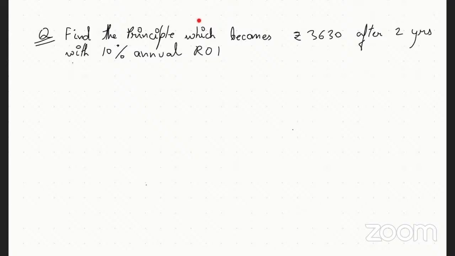ROI is rate of interest. When interest is compounded, this is a case where your interest is compounded annually.